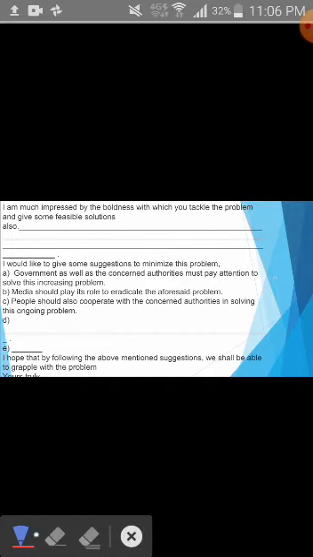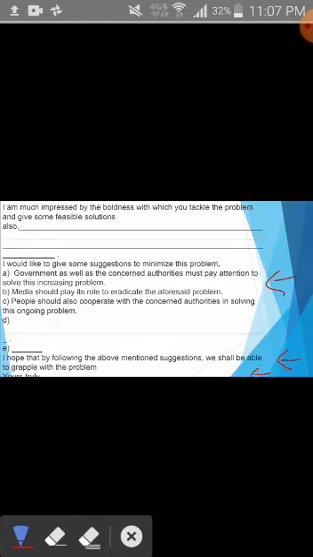Here you can see different suggestions are given, and at the end, in the third paragraph, you will conclude the whole report, and finally you will skip a line and you will write Yours truly, XYZ.